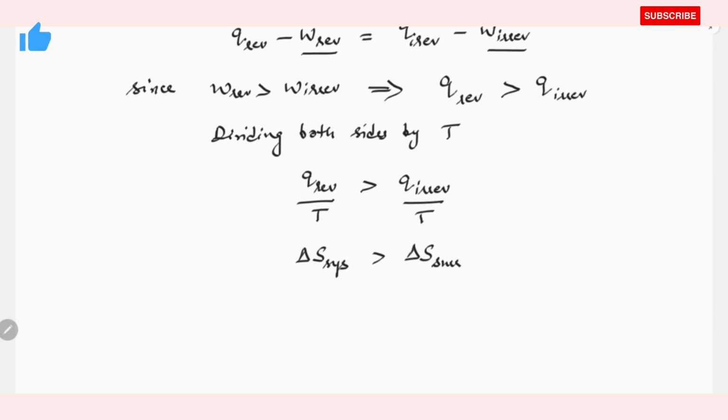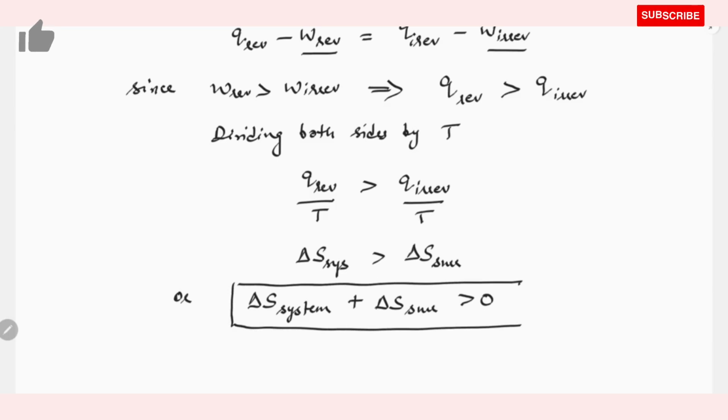This comes from equation 1 and 2, or we can write delta S of system plus delta S of surroundings is always greater than 0 when the process is irreversible, that is delta S is always greater than 0 or positive for irreversible process.